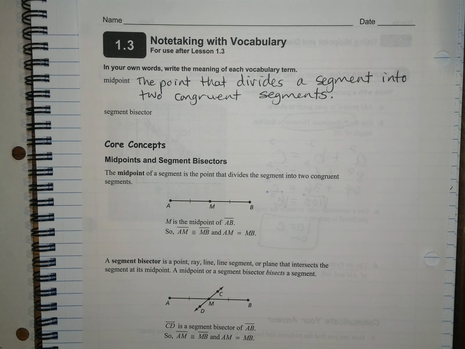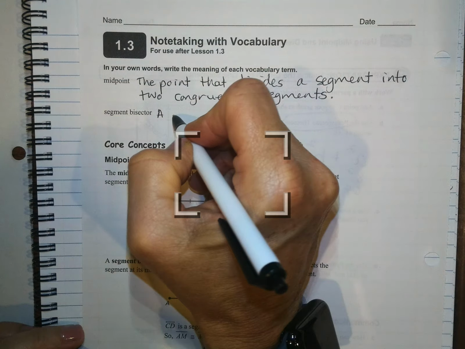So midpoint, think middle. Now, only slightly different is a segment bisector, because a segment bisector is a little more involved.